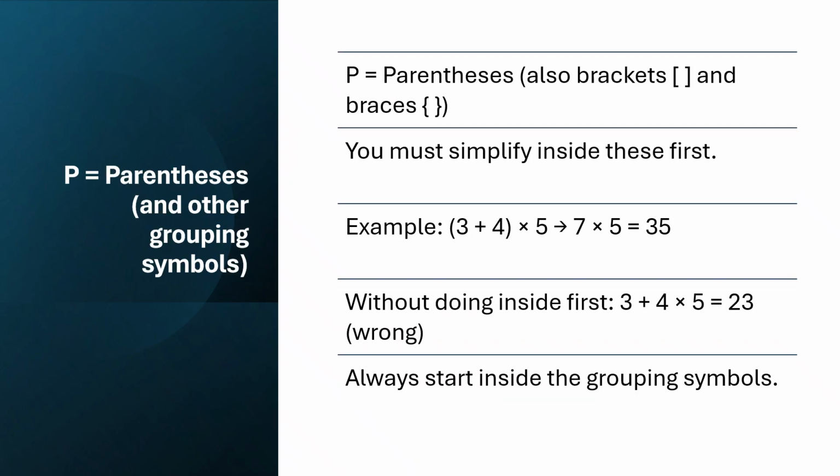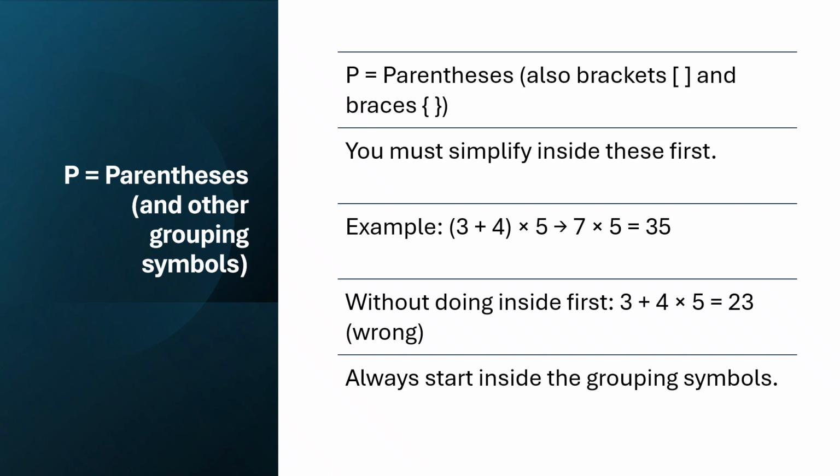Grouping symbols like parentheses, brackets, and braces tell us to do that part first. In 3 plus 4 in parentheses times 5, you solve inside the parentheses, 3 plus 4 equals 7, before multiplying.